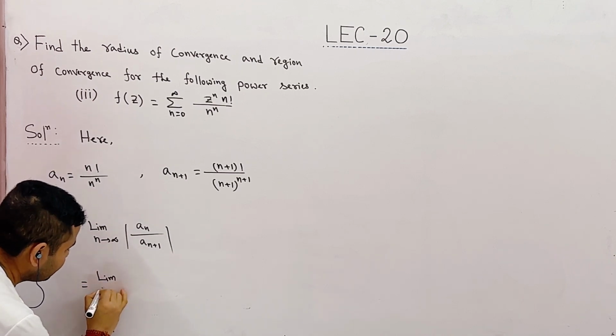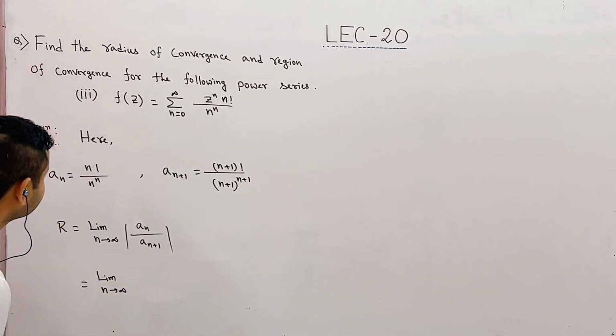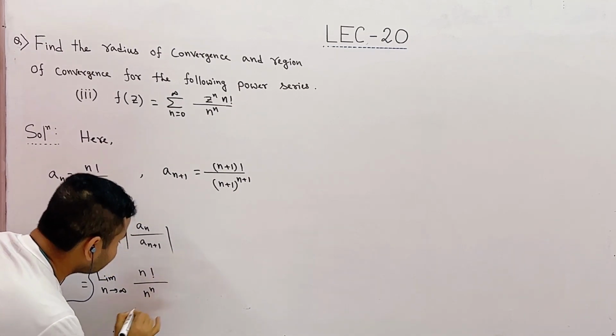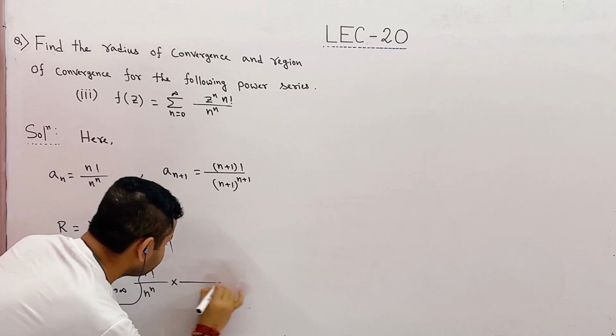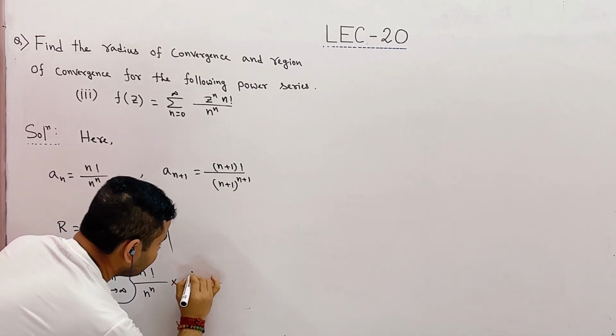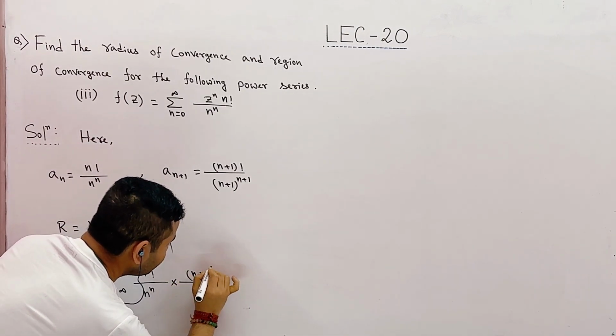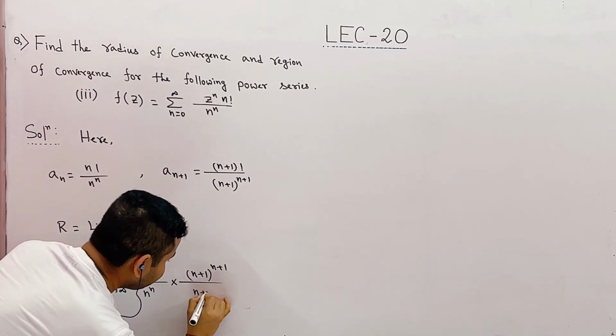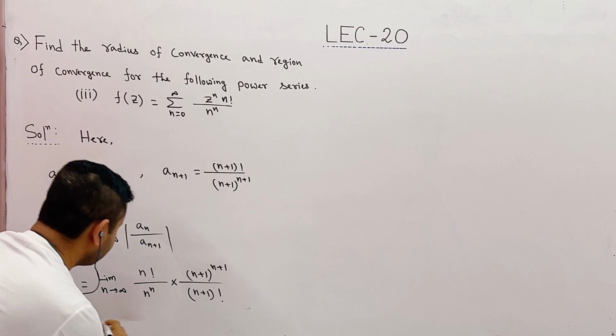Limit n tends to infinity n factorial divided by n to the power n into n plus 1 whole to the power n plus 1 divided by n plus 1 factorial.